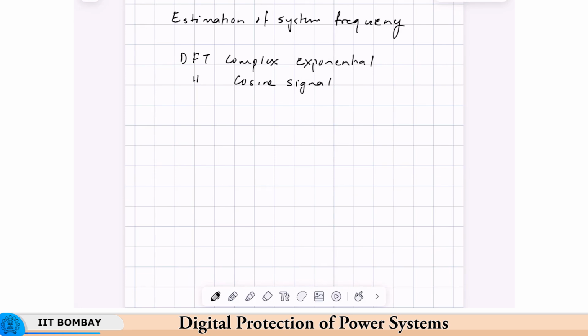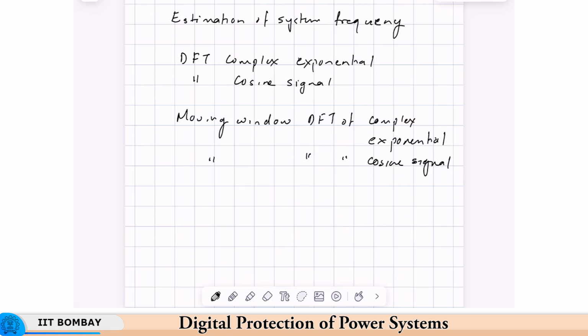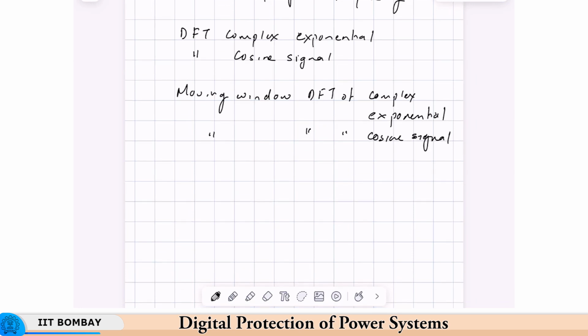Then we saw moving window approach, or what we called generalized DFT, just for our terms, moving window DFT of both complex exponential and then moving window DFT of cosine signal. And then very briefly we saw estimation of system frequency using that approximation. We will quickly, just for the sake of revision, go through all of this and then conclude this lecture.